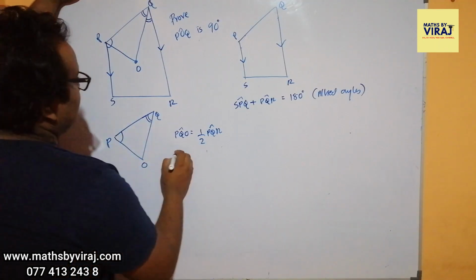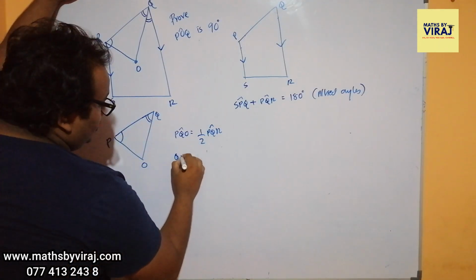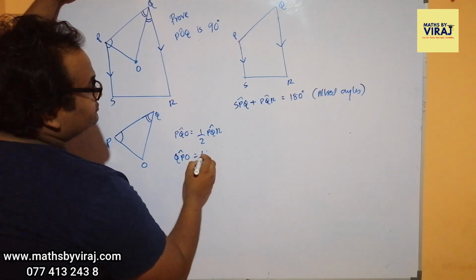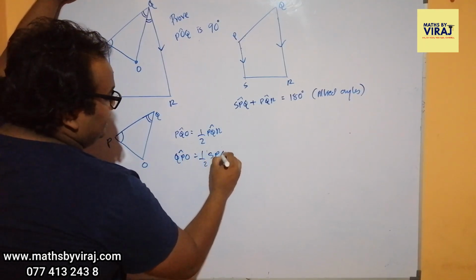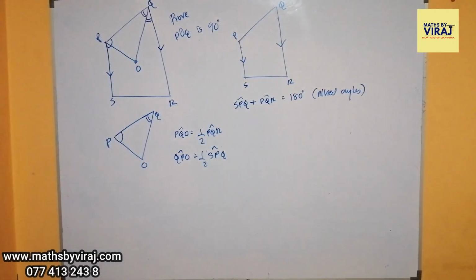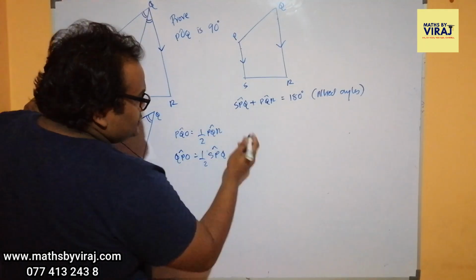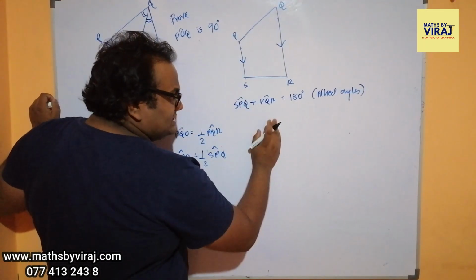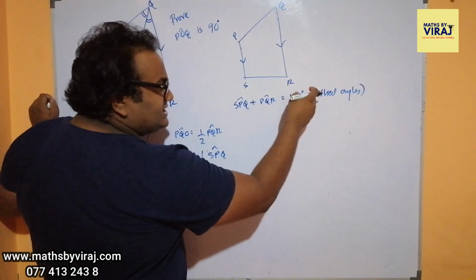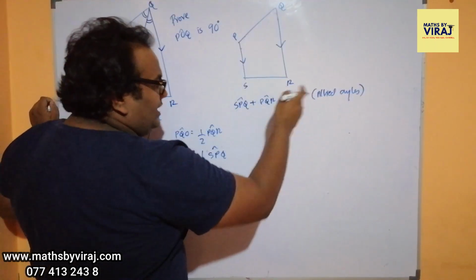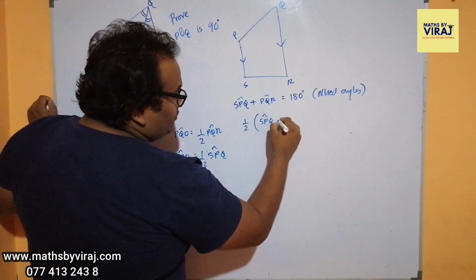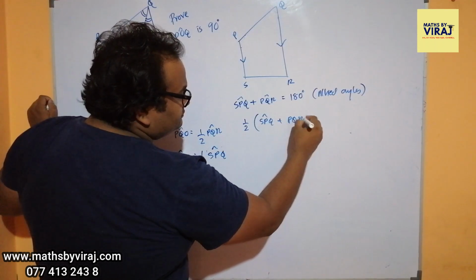Similarly, I can say angle QPO is half the angle SPQ. Right. So, half and half. What can I say? If these two angles which are in full add up to 180, if I multiply everything by half, what is going to happen, children?